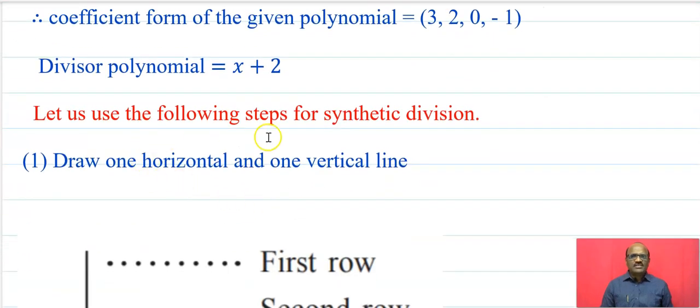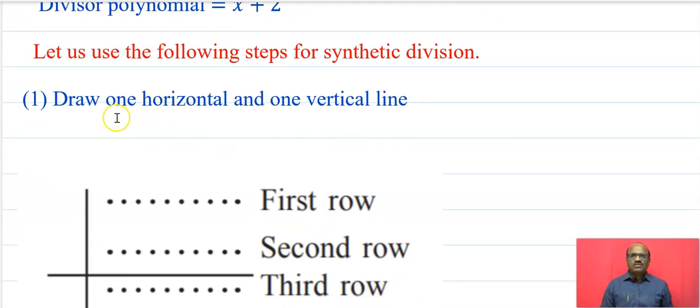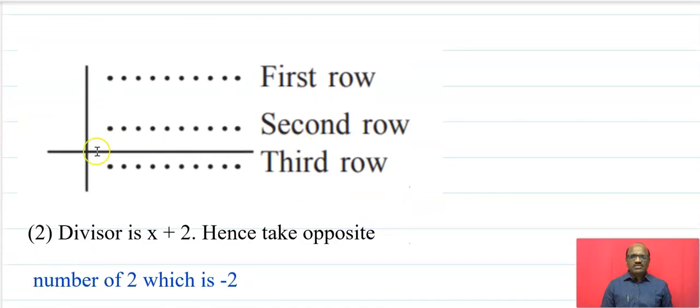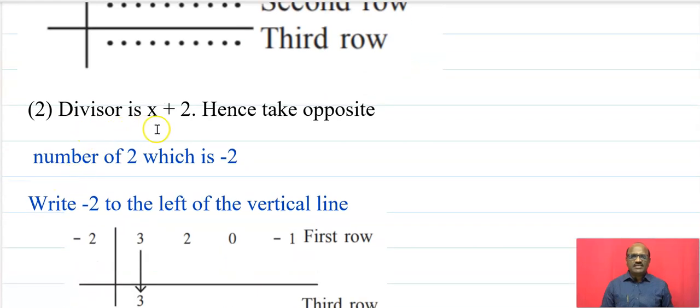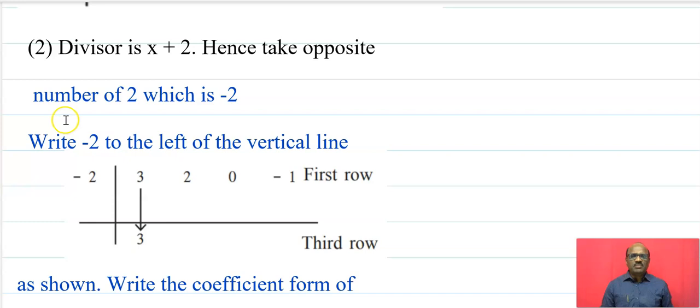Let us use the following steps for synthetic division. Draw one horizontal and one vertical line. This is the horizontal line and this is the vertical line, and see the first row, second row and third row. What is the divisor? The divisor is x plus 2, and hence take the opposite of it. The opposite of 2 is minus 2.